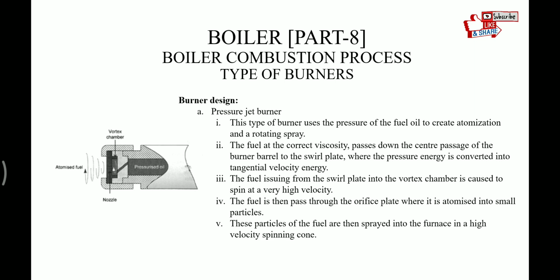The fuel issuing from the swirl plate into the vortex chamber is caused to spin at a very high velocity. The fuel is then passed through the orifice plate where it is atomized into small particles. These particles of fuel are then sprayed into the furnace in a high velocity spinning cone.